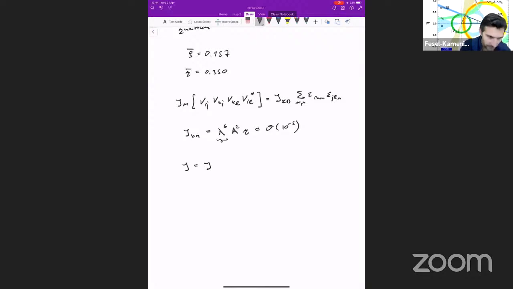The whole Jarlskog invariant is then proportional to this J_KM times a product over I and J, where we sum over only when I is greater than J, over differences of mass squares over v squared.